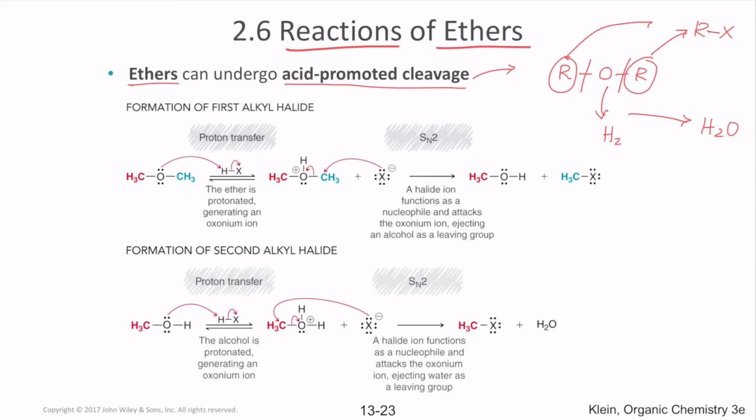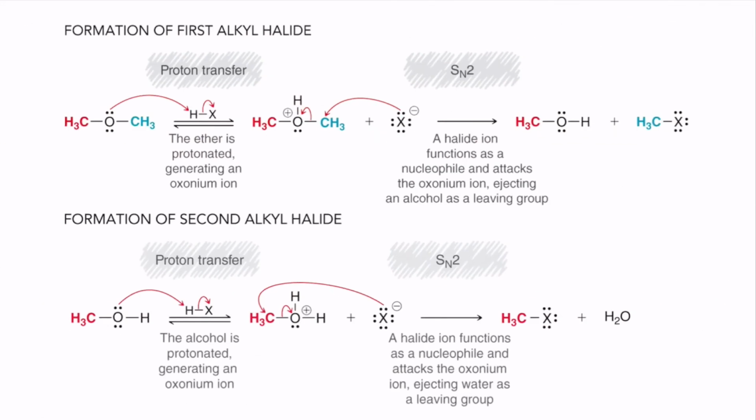So let's look at the first reaction, the formation of the first alkyl halide. What happens here is that the oxygen undergoes proton transfer. The oxygen attacks the proton on the acid, and the halogen leaves with its electrons.